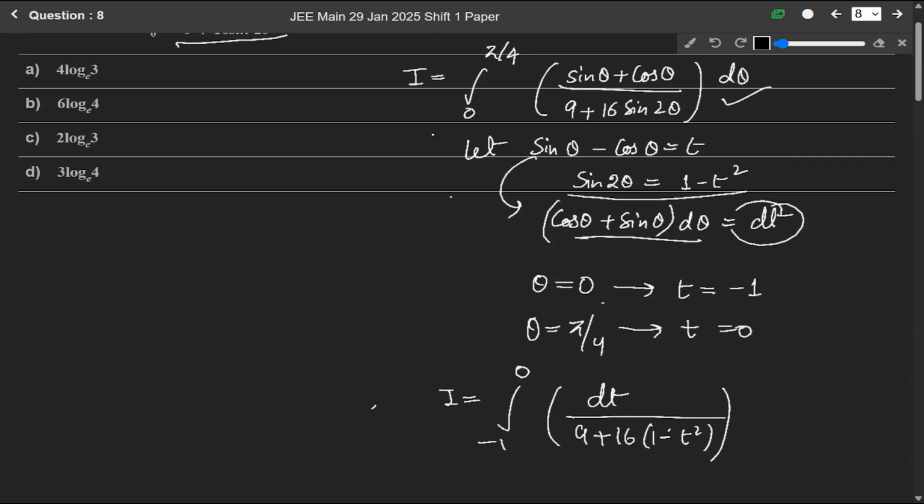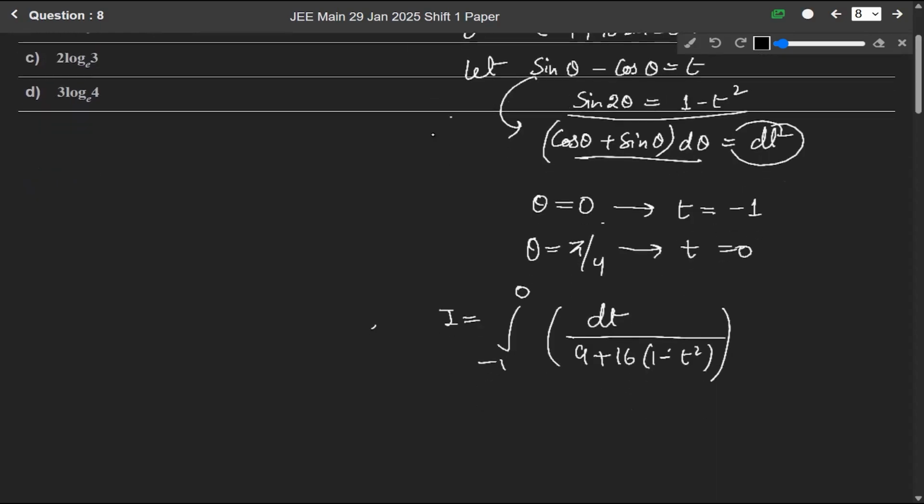Now solving it, if we take 16 common, we get 1 over 16 times the integral from minus 1 to 0 of dt over 9 plus 16 minus 16 t squared.